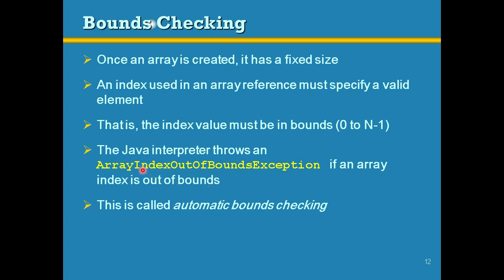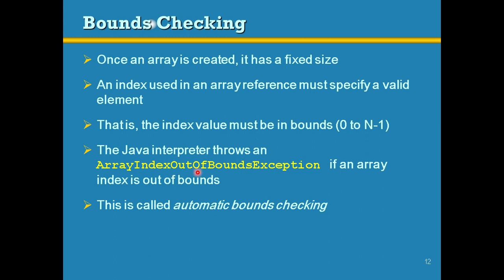If you are giving anything other than this, see our example. Now I am considering 0 to 9, that means 10 elements in the array. And if you are trying to access an element in the 11th position, which is not present in the array, then an array index out of bounds exception will be shown by Java.